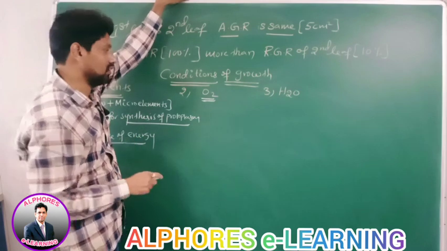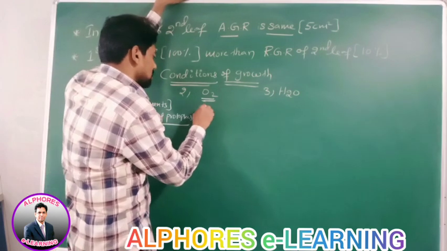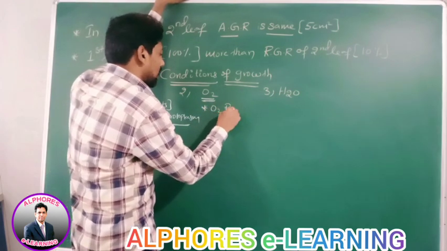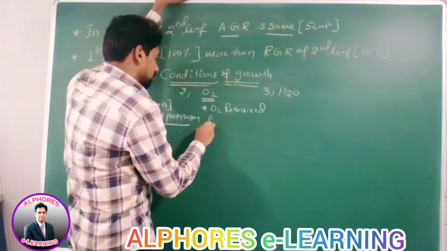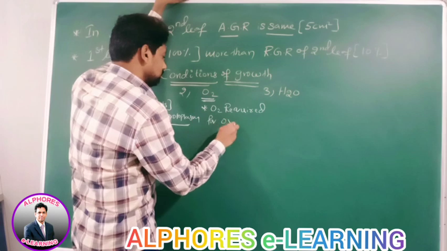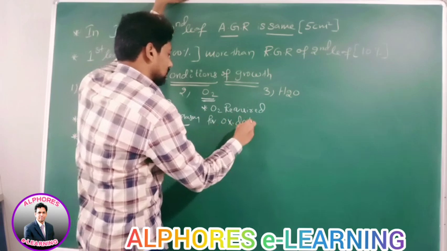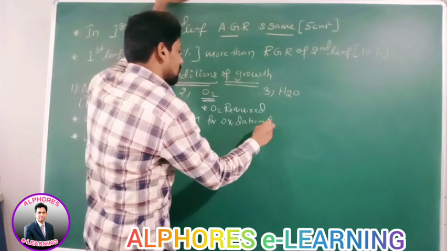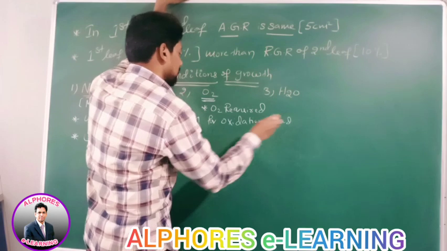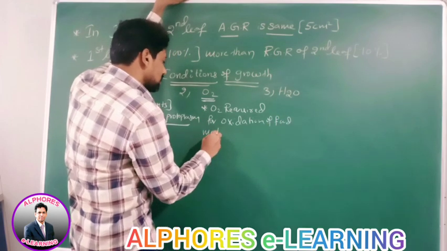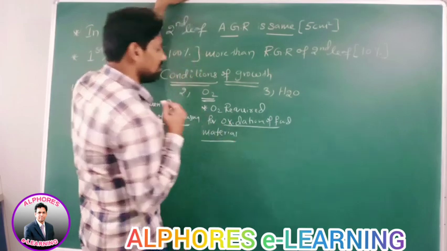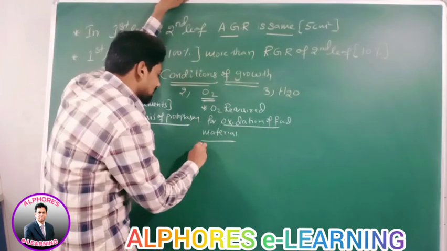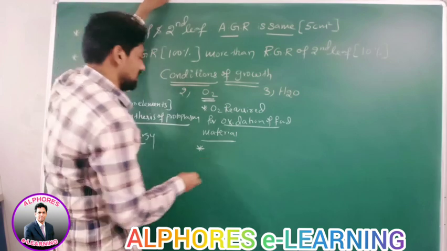Oxygen. Oxygen is required for oxidation of food materials. When food is oxidized, what is released? Energy is released.